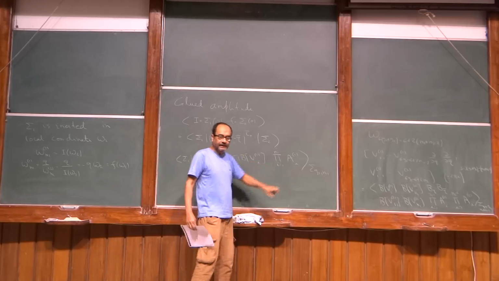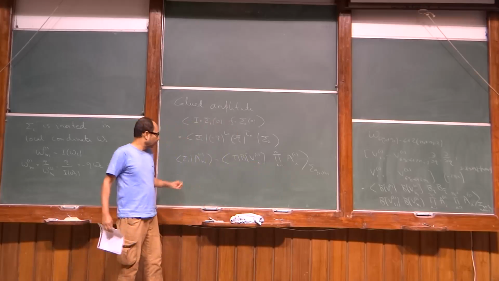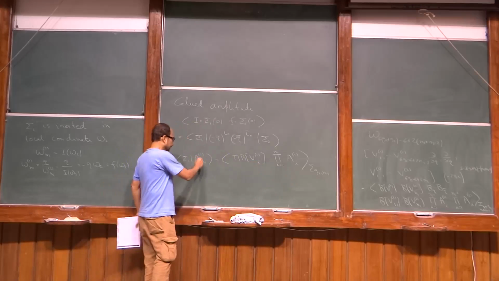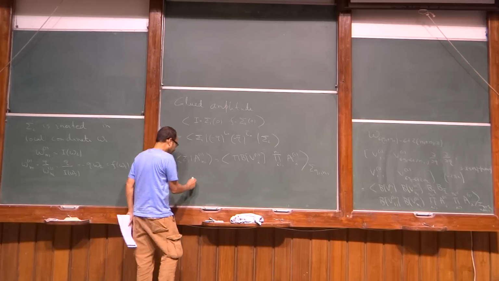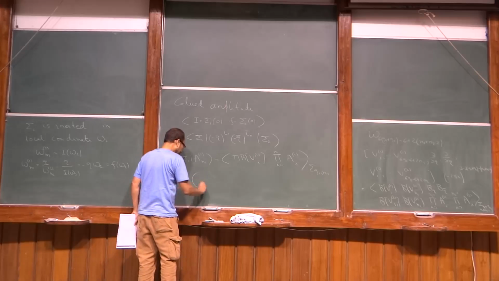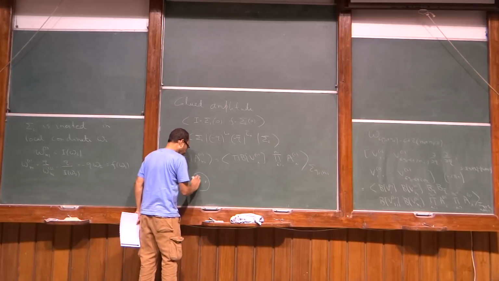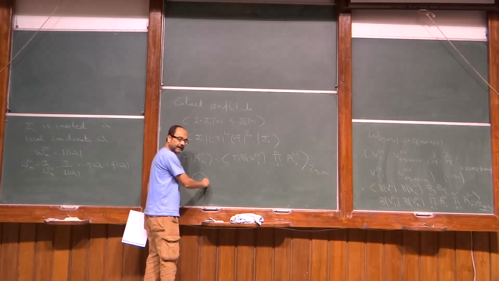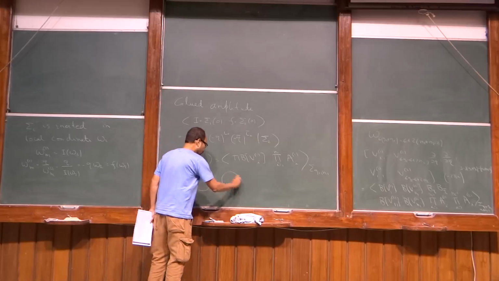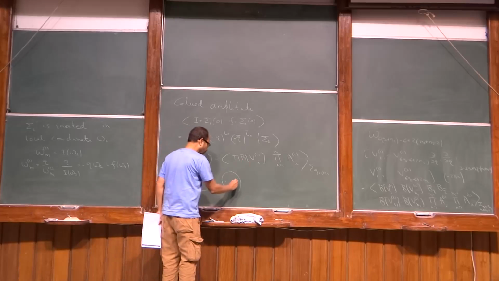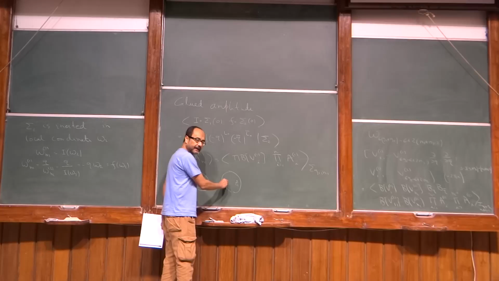Now what did I do? I took this sigma 1 and reinterpreted it as a 2-point function on the sphere, with sigma 1 inserted here and A1N1 inserted here. The other one I again treated as a 2-point function, with sigma 2 here and A2N2 here.